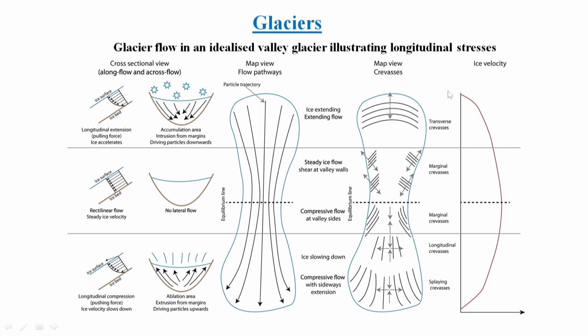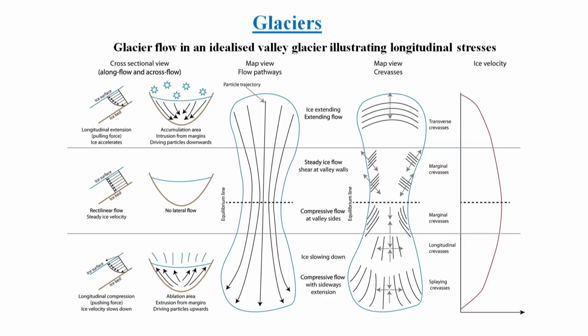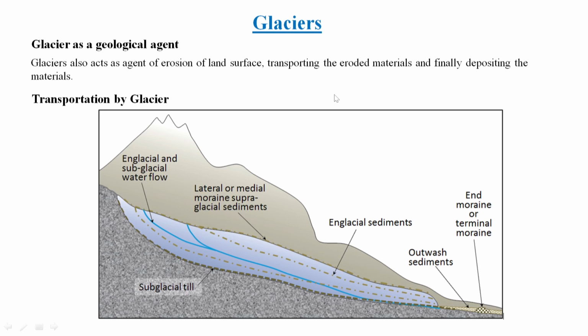So due to these changes in velocity, starting with the accumulation zone, finally to the zone of deposition, with this channel through which it is moving quite fast, you have a change in velocity. Likewise, there is a change in the geometry or the features exhibited on the surface of the glacier. The orientation of the crevasses will change from transverse in the accumulation zone, then marginal crevasses in the channel mainly, and finally longitudinal crevasses, where your ice is slowing down or finally meeting the sea, for example.